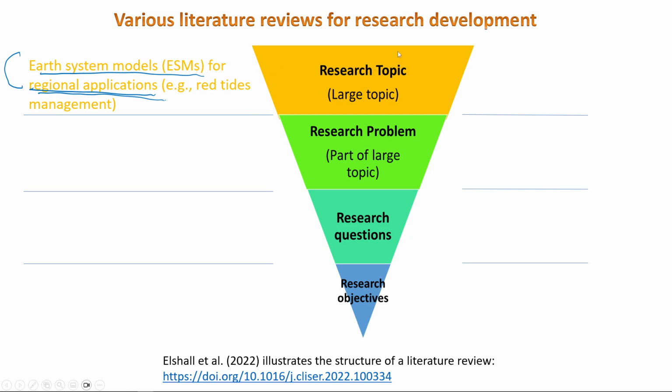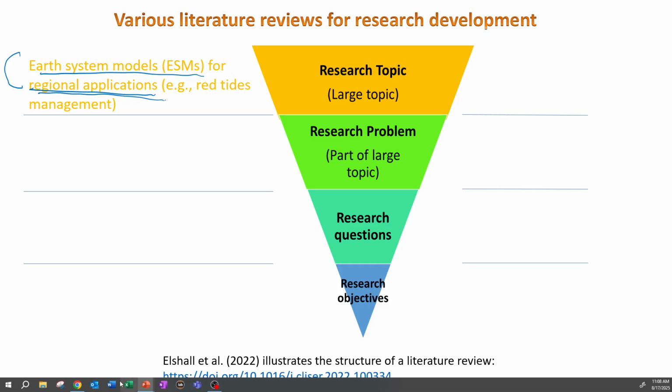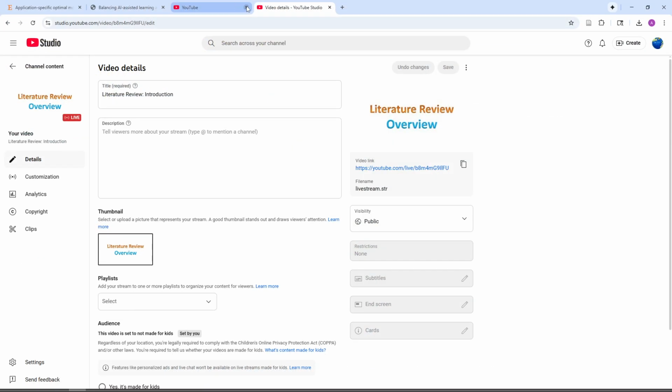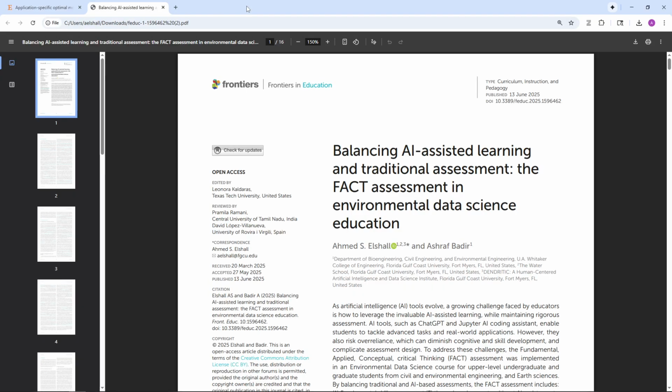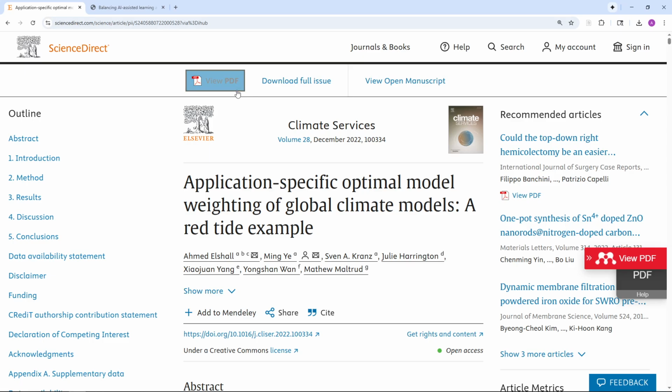That would be the research topic, the large topic, or the overview that I want to provide. So let's look here. Here is the paper where we published this. You see, we published this in a journal called Climate Service. And again, it is important to know who your audience is.